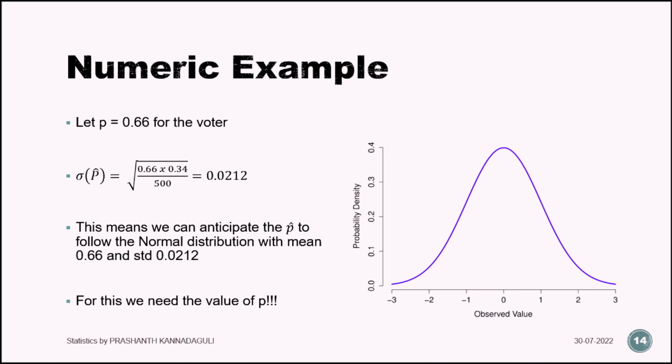Normally it is not possible because you are doing a very small sample and the population size is small. You can keep on increasing the sample size, but ideally, in order to reach the actual P, you should ask everybody. Once you get that, then you say yes, this is the answer. But that's not going to happen, so that option is ruled out. But you see the last point: for this we need the value of P. As of now, we don't have P.